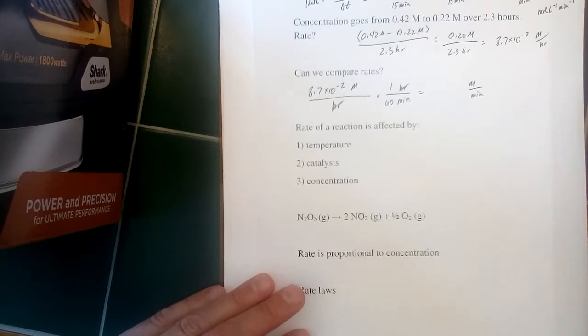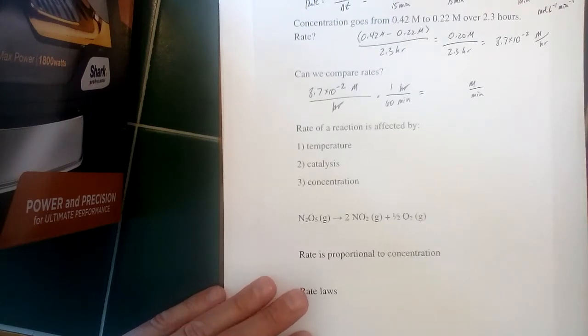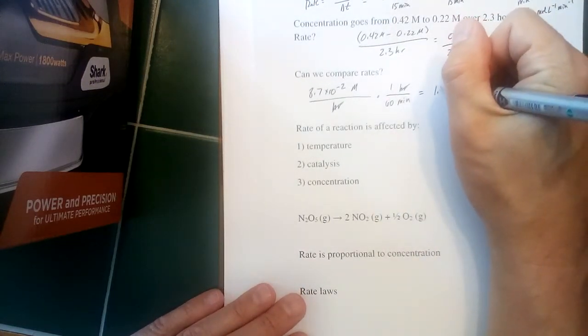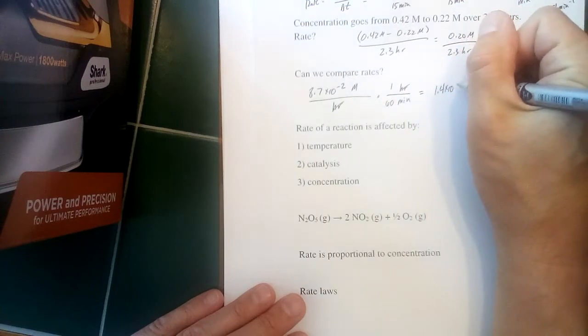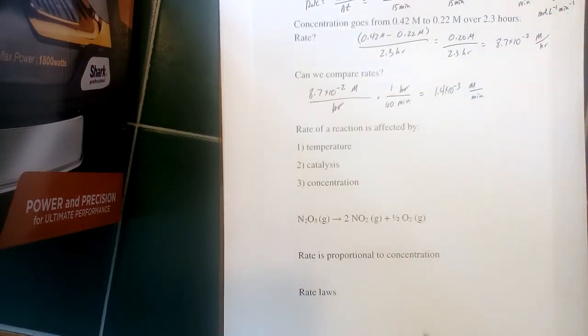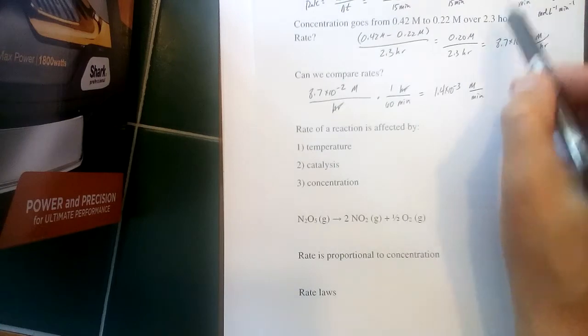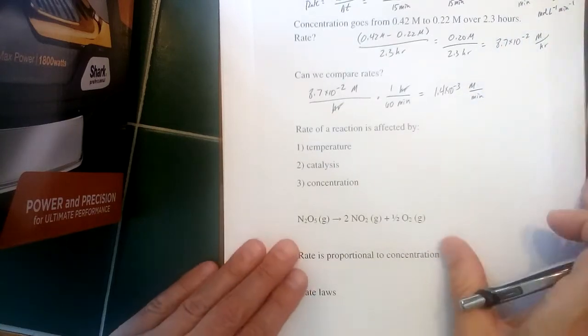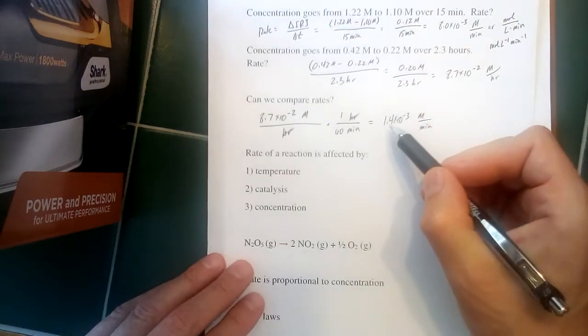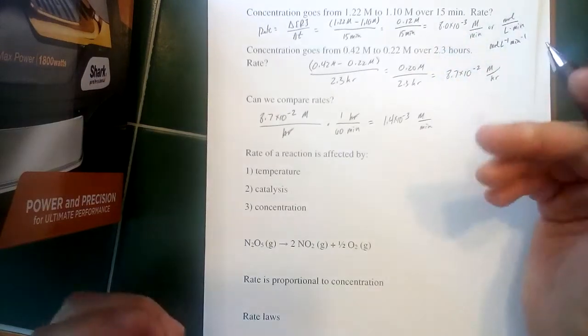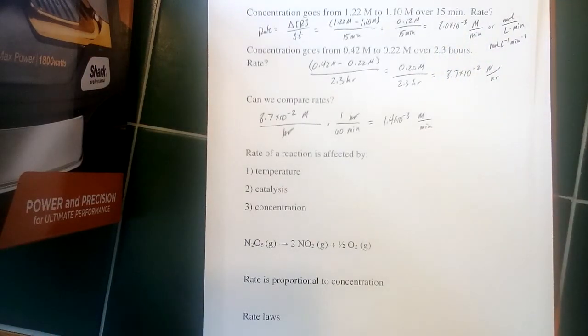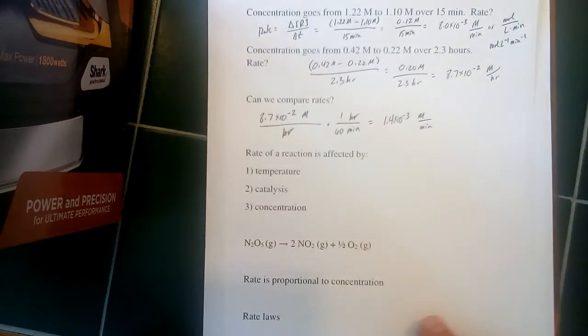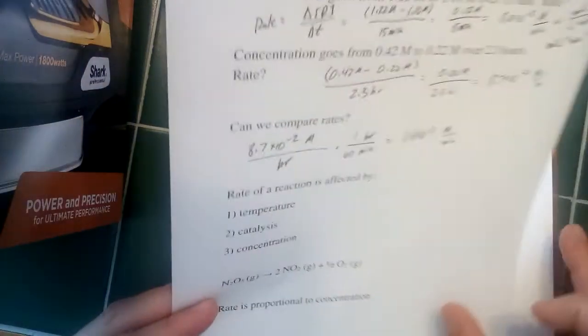So if I divide that previous answer by 60, I get 1.4 times 10 to the minus third in terms of molarity per minute. Now the exponents are the same. That makes it a little easier to compare there. 1.4 is a smaller number than 8. So the rate has indeed gone down quite a bit as the concentration of the reactant went down.